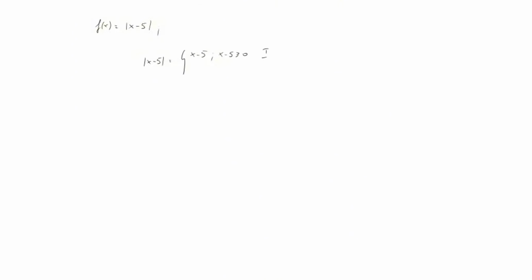So this is case 1. And the second case, the x minus 5 expression will be multiplied by -1, so minus (x minus 5), if x minus 5 is smaller than 0. So this is the second case.